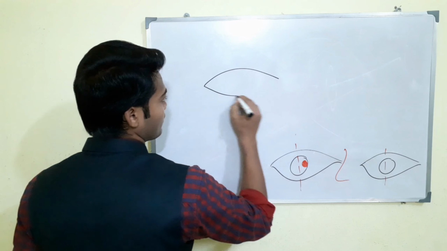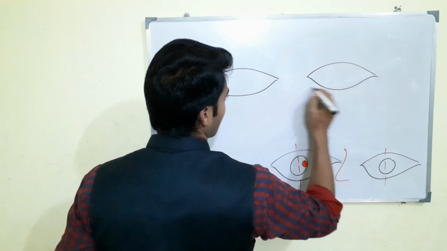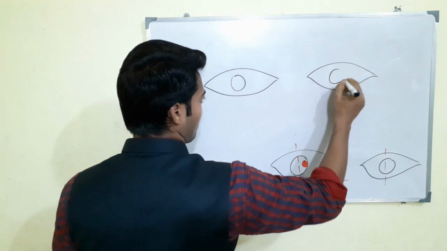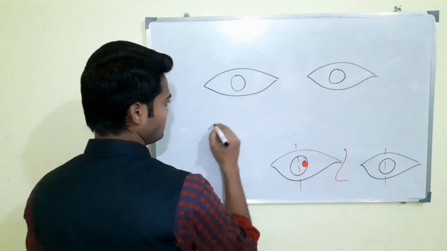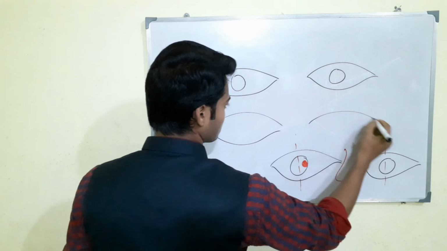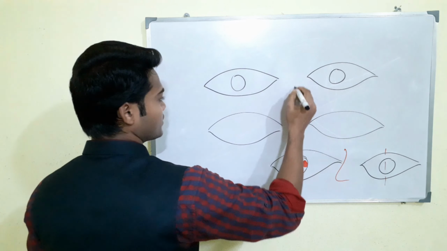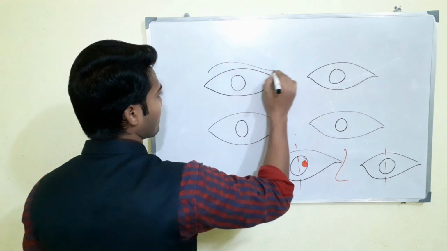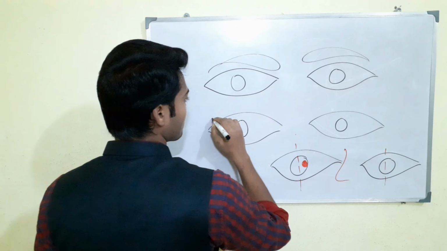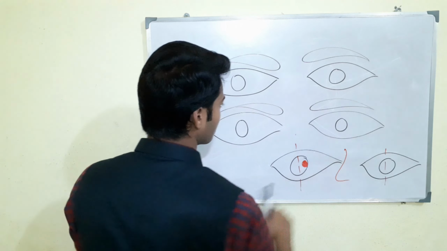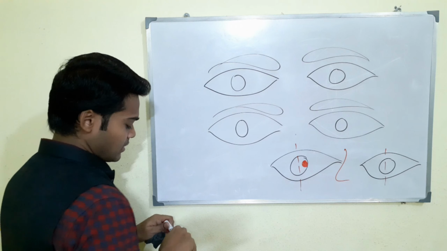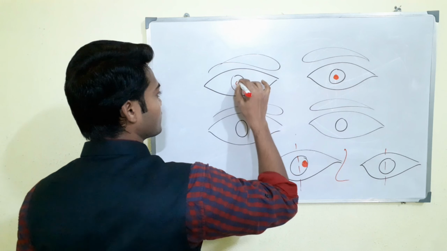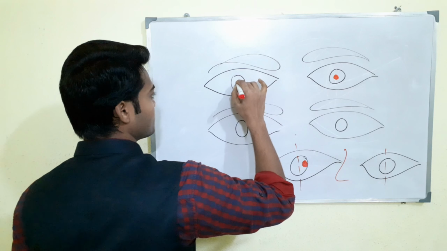Suppose this is the eye, and this is the nose. If the eye is normal, then the first Purkinje image falls on this point.